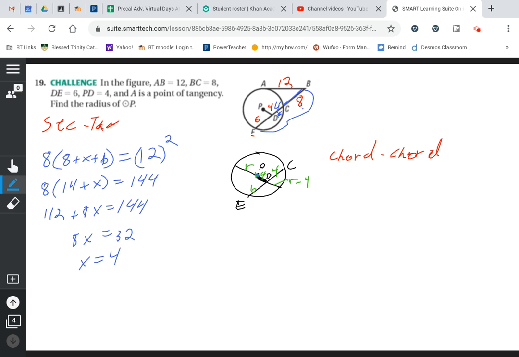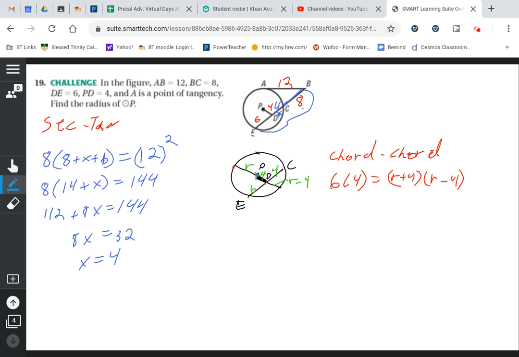Let's start with the EC chord: 6 times 4 is equal to the diameter one running through P. One section of it from one edge through D is R plus 4, and the rest of it is R minus 4.